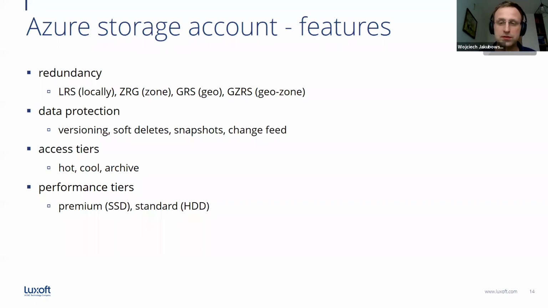There is a zone redundancy, which is about replicating data between machines in multiple separate data centers, which are located in one geographical region. There's also geo-redundant, which is about replicating the data across separate geographical regions, like different countries, for example.